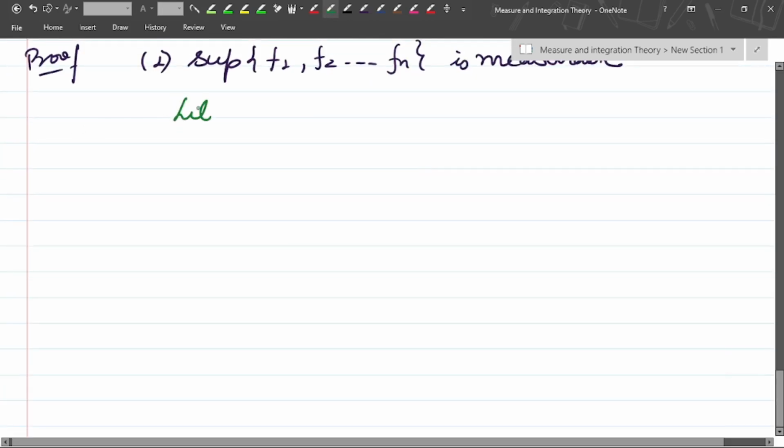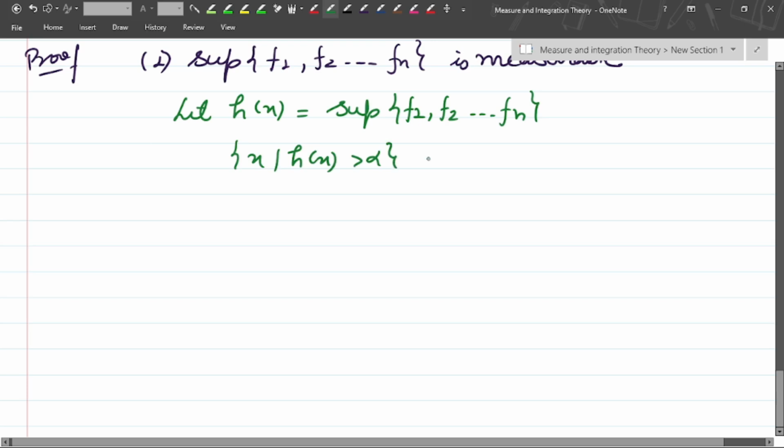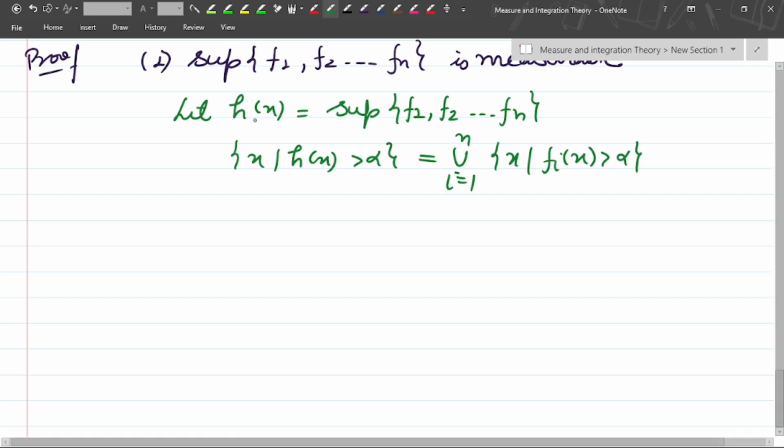So let h of x be the supremum of f1, f2 and so on up to fn. Then the set of x such that h of x is greater than alpha is the union over i equals 1 to n of the sets of x such that fi of x is greater than alpha. If we want to show that it is a measurable function, then we can write it in this way.